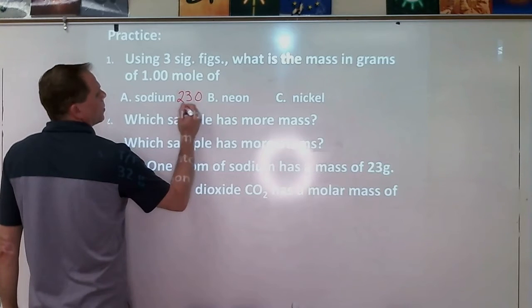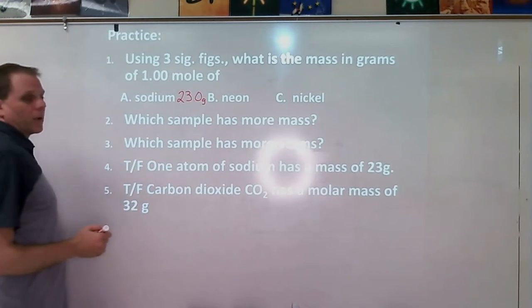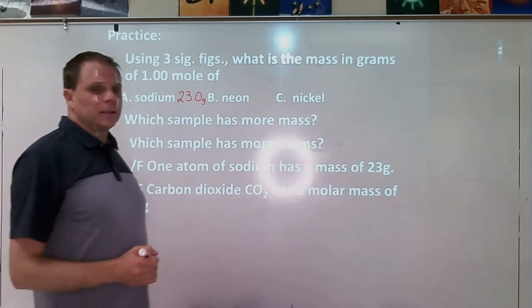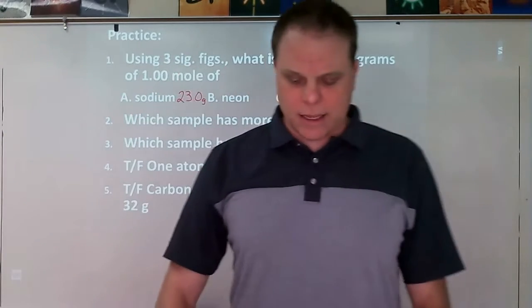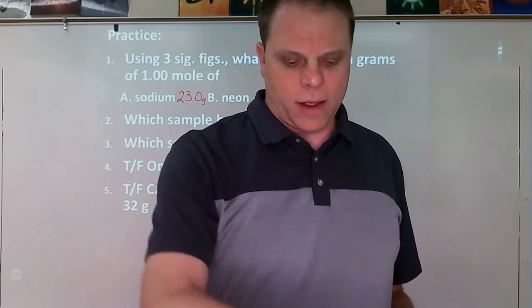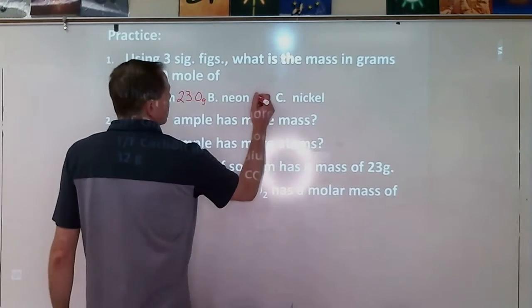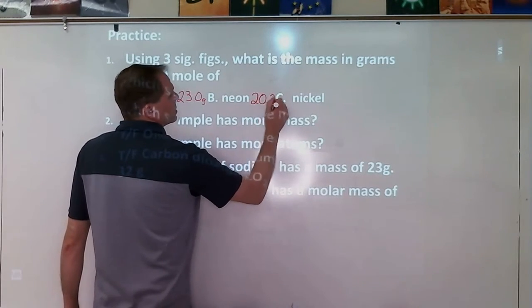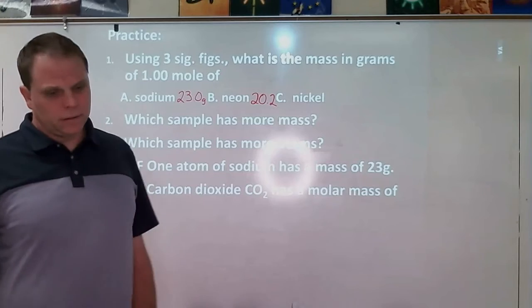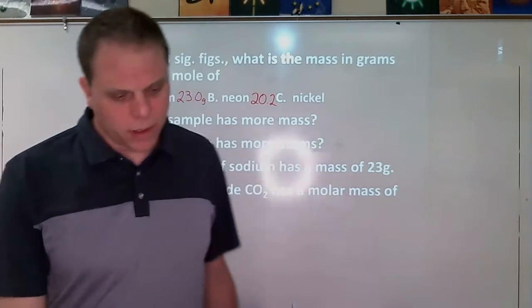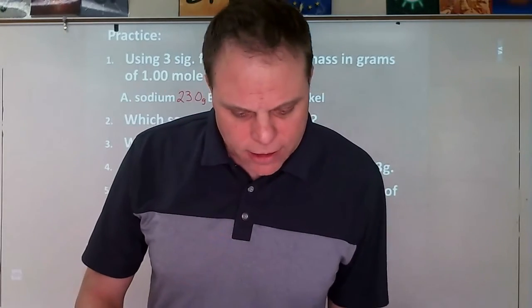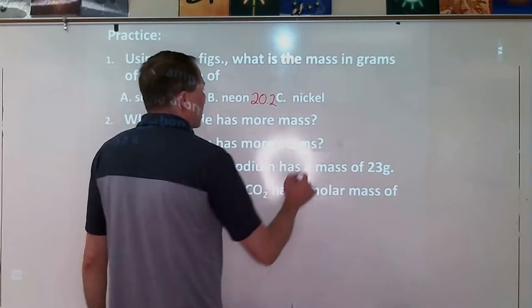It's going to round that up. Neon, oh my goodness, if I had eyes, I could see that far, all the way on that wall, so far away, right? Neon, 20.18. So we want 3 sig figs, 20.2. Nickel. Nickel is number 28, and it has a molar mass of 58.69.